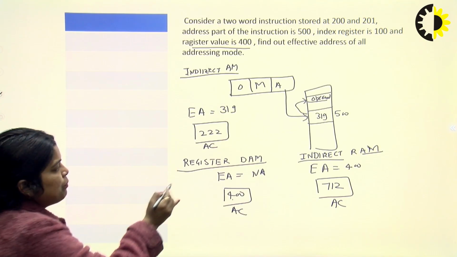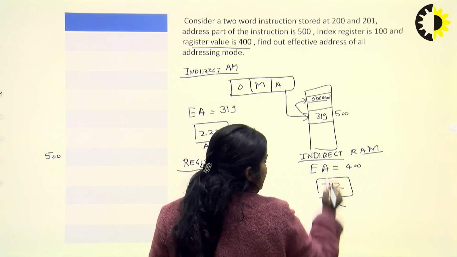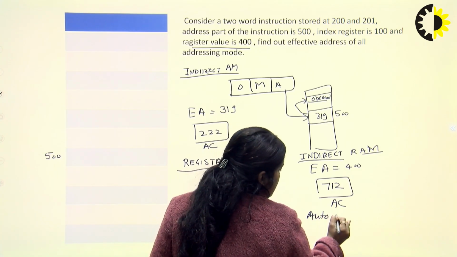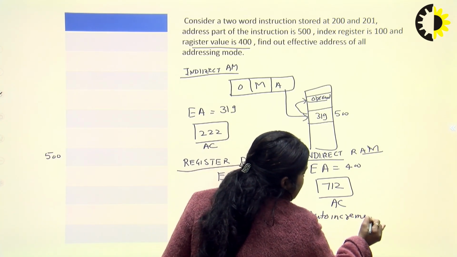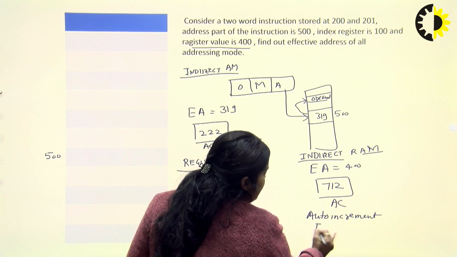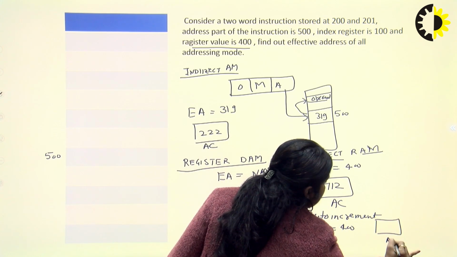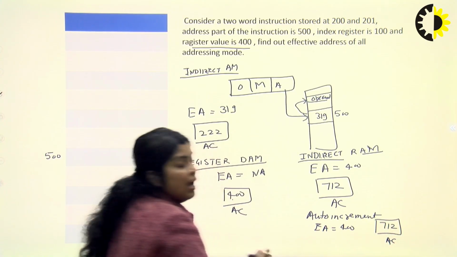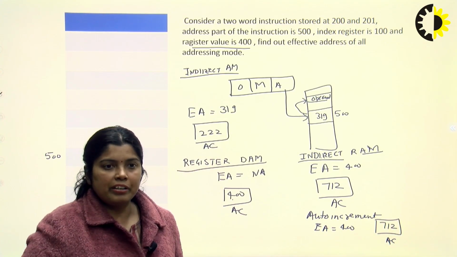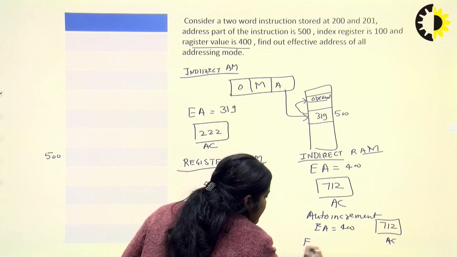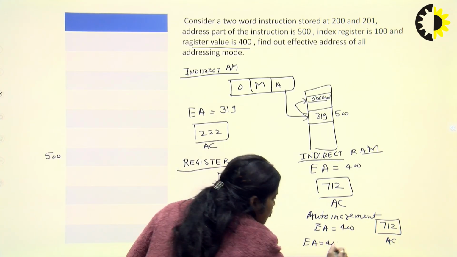Auto increment mode is the same as the indirect addressing mode. Here the effective address is 400 and the accumulator will store 712, and after the instruction execution, the effective address becomes 401.